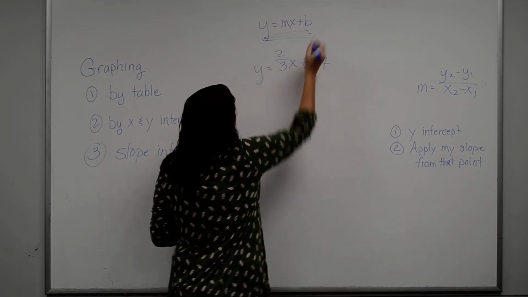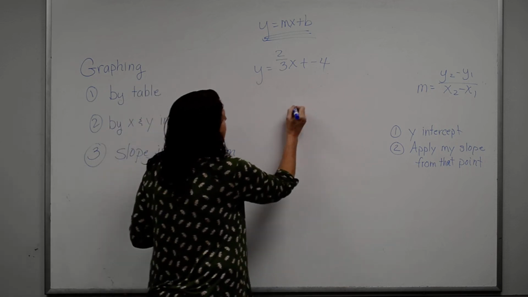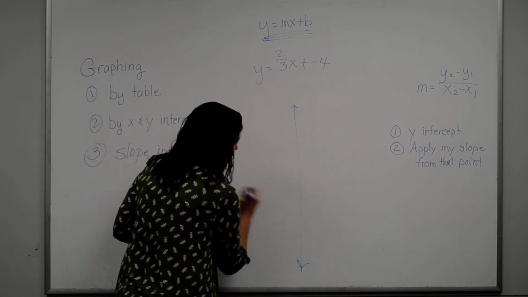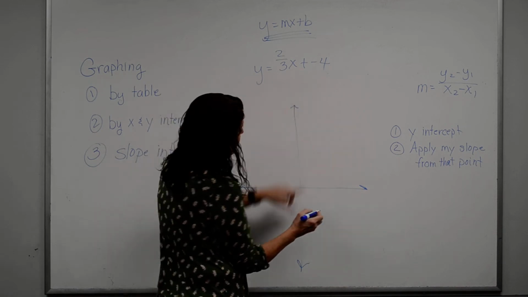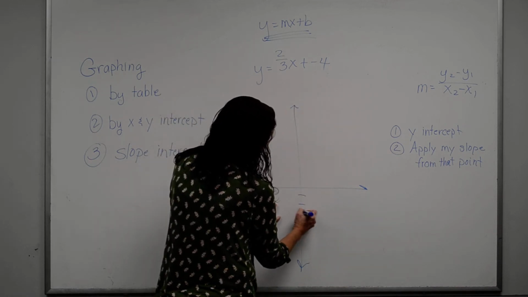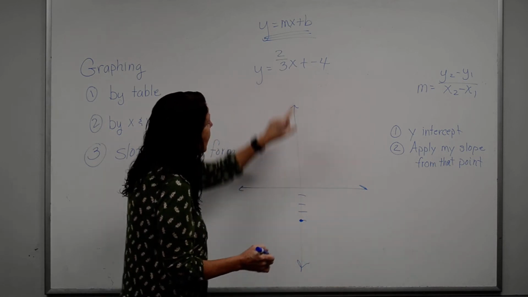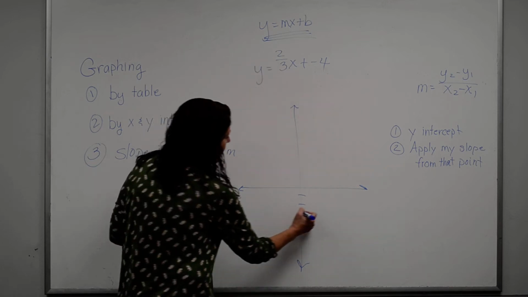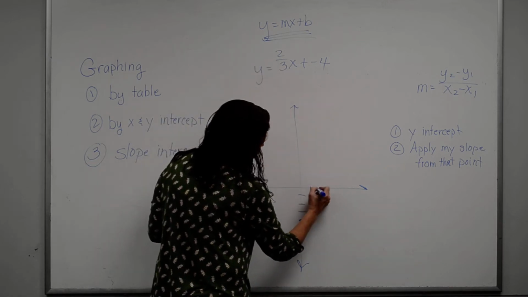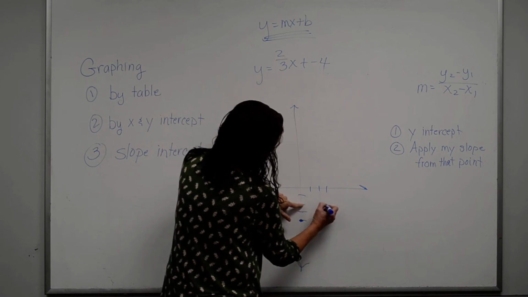So very important, because it has to be in that form to be able to graph it. So my y-intercept is -4, so I go down 4 on my y-axis. I put a point. Then I'm going to apply my slope from this point. I'm going to go up 2 and over to the right 3. So 1, 2, 1, 2, 3.